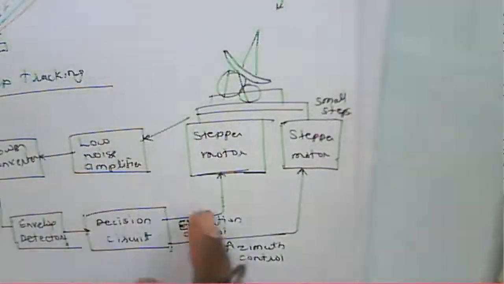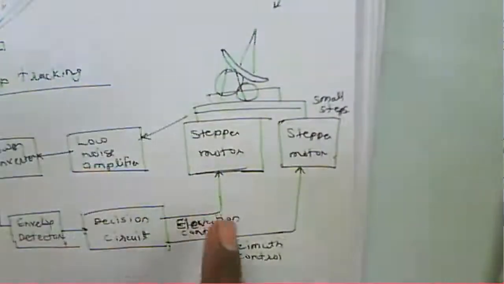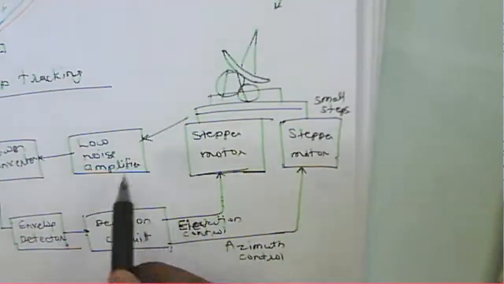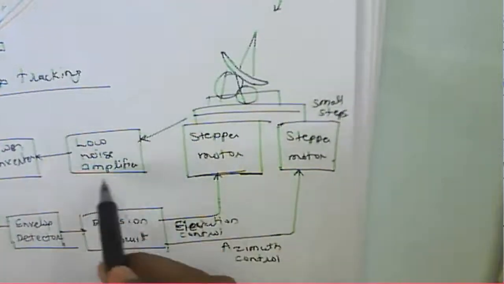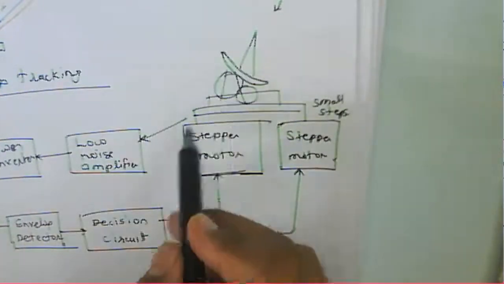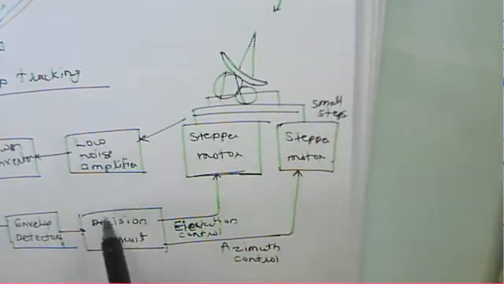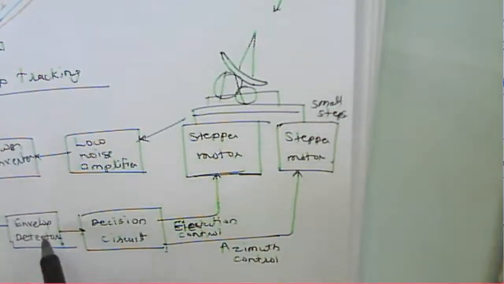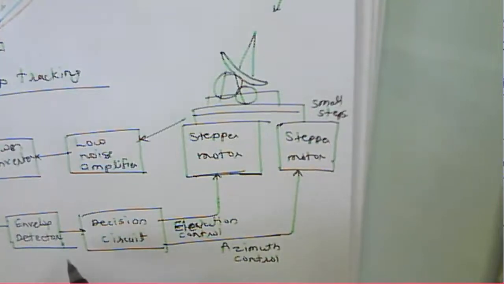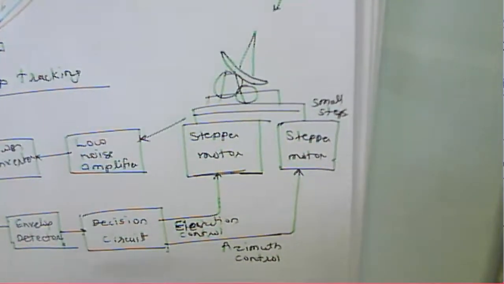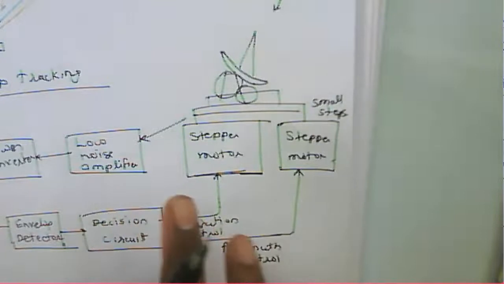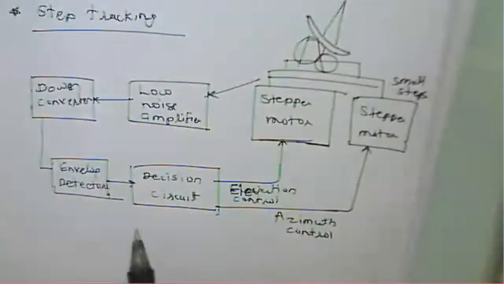So that's just like a simple step tracking. We have a signal received by the low noise amplifier through this antenna, then it is down converted, then the envelope detector is there, and then we have a decision circuit. That decision circuit will check the strength of the two signals.